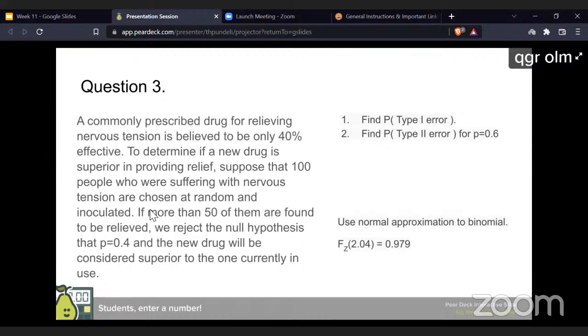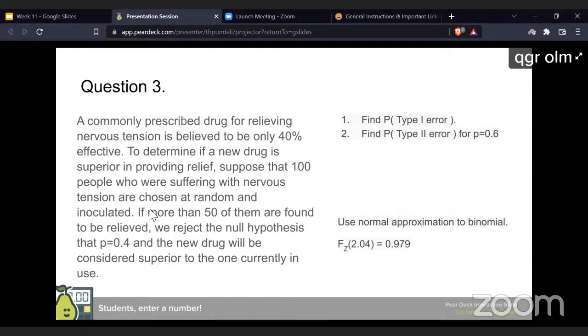So there is a drug that is believed to be relieving the nervous tension only 40% of the time. And we want to check whether the new drug we have introduced is superior. So if you give that drug to persons suffering with this disease, how effective it is, you want to check that. So you are taking the null hypothesis to be 0.4.